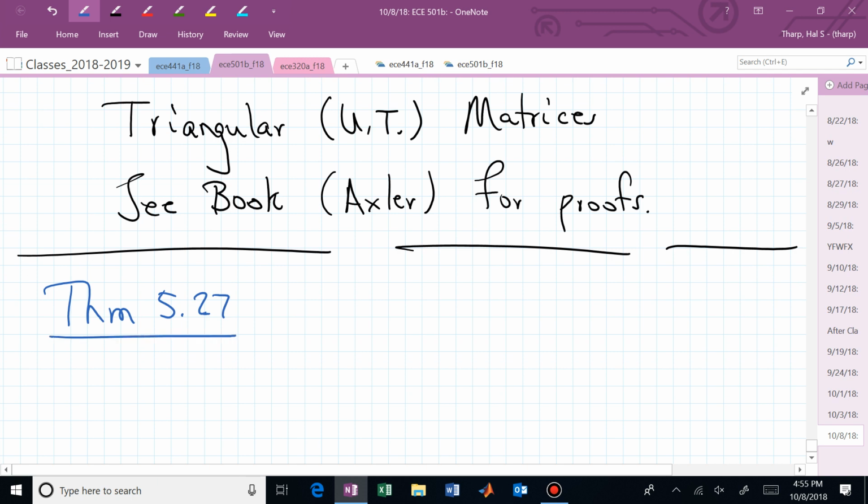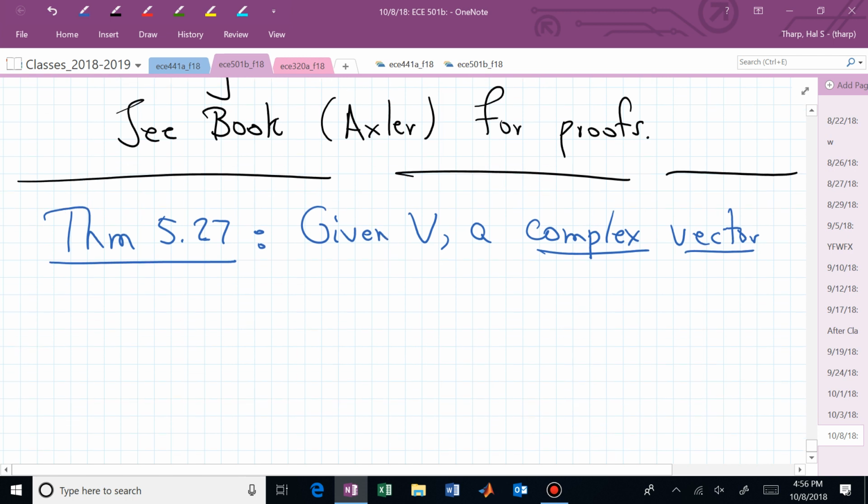Theorem 27 in Chapter 5. Given a vector space V, a complex vector space, and now it's pretty important to make sure that we're distinguishing when we're assuming complex or when we're assuming real. We can do a lot more actually assuming a complex vector space.